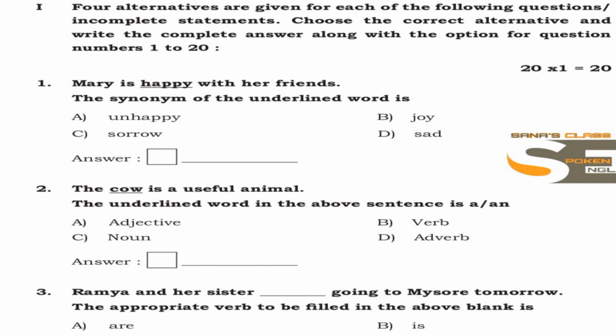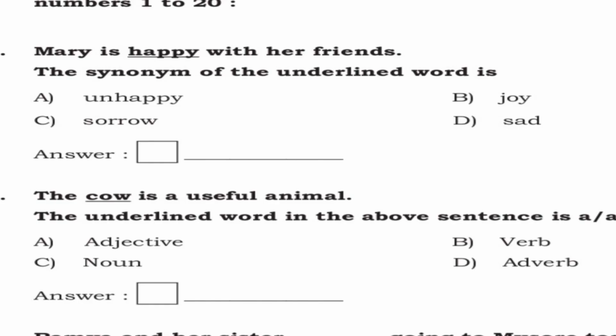Is it unhappy? Is it joy? Is it sorrow? Is it sad? Except joy, the rest three are opposite words of the word happy. So in the blank, what you have to do is write option B, and then here you should write joy.